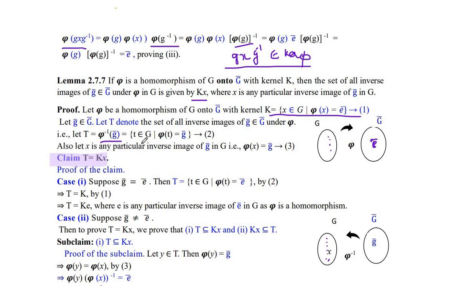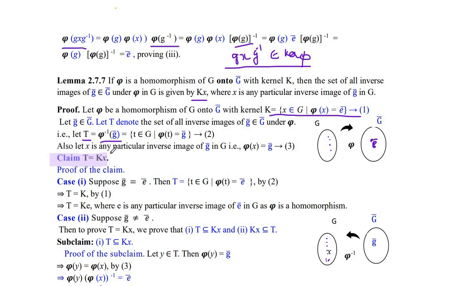So phi inverse of G bar is all those elements in the domain whose image will be G bar. So all those elements having the images to be G bar, that collection is only denoted as phi inverse of G bar, and that we shall take as, say, some T.